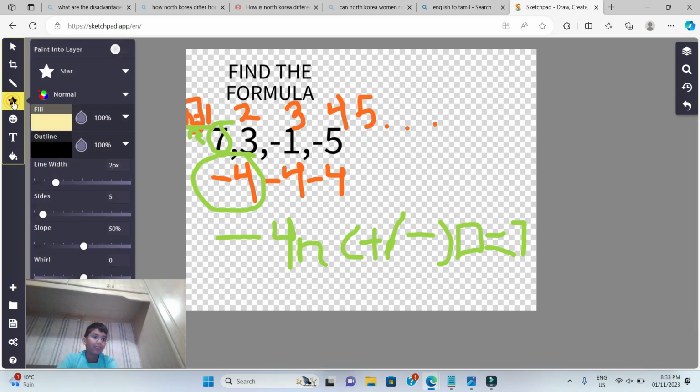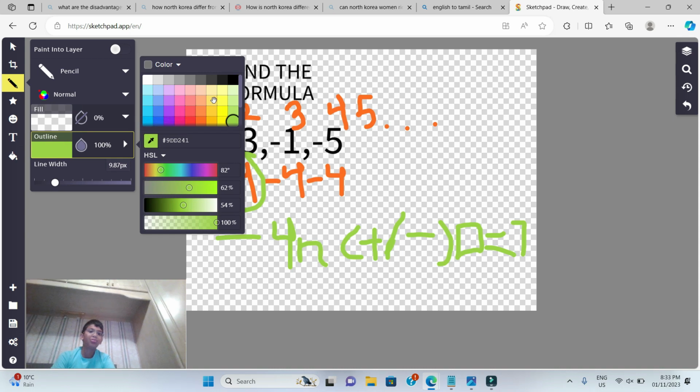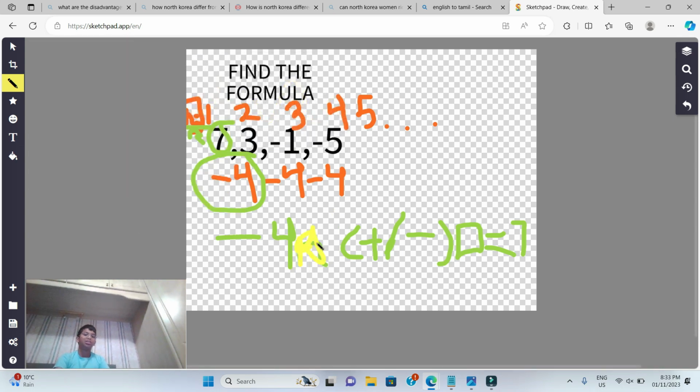And for now, don't consider this part. So n is not needed. Just focus on minus 4 plus or minus a number which is giving me 7.